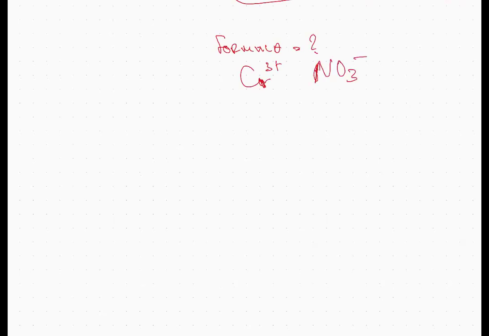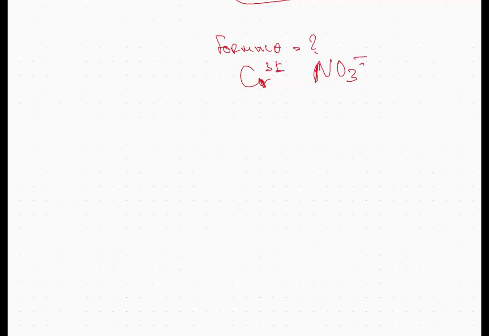The next one. What is the expected formula again? Cr3+, NO3-. They have given the charges. Okay. Now what do you do? Again, it's crisscross. Why do you think they give 3+?